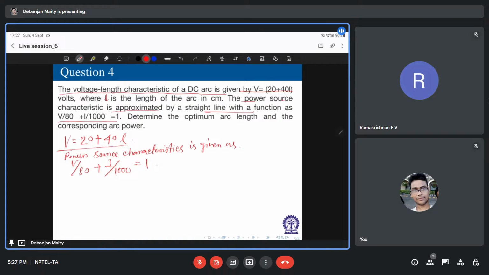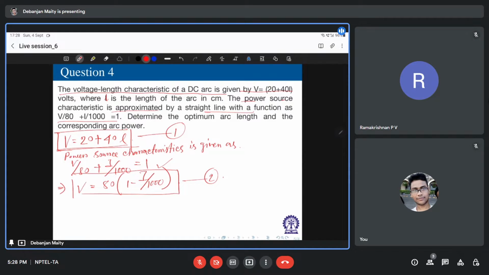So from this relationship we can figure out what the voltage is. So voltage would be this, and your voltage and length characteristic is given by V equal to 20 plus 40L. So we have two equations of voltage which will be the same for the same operation.